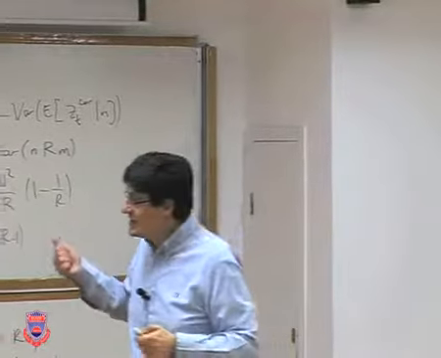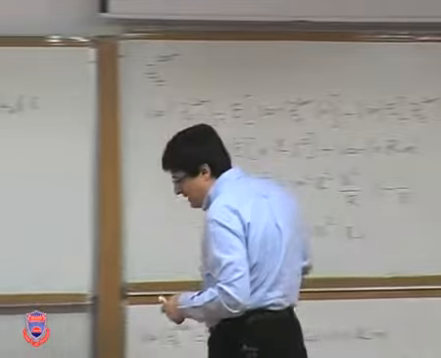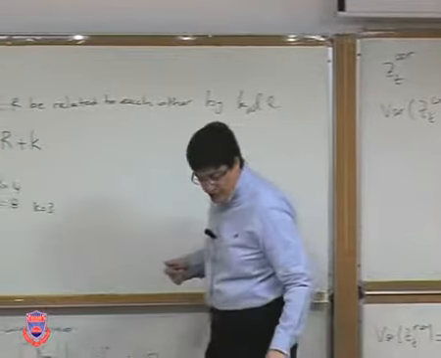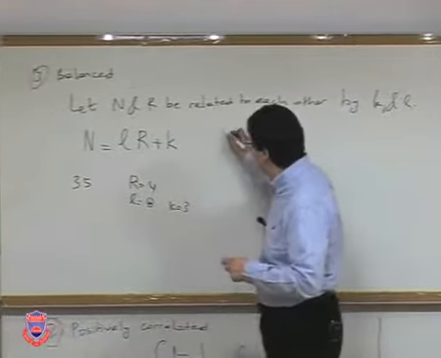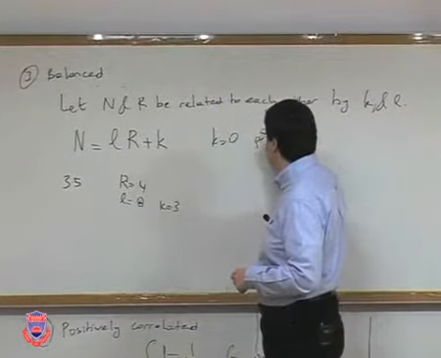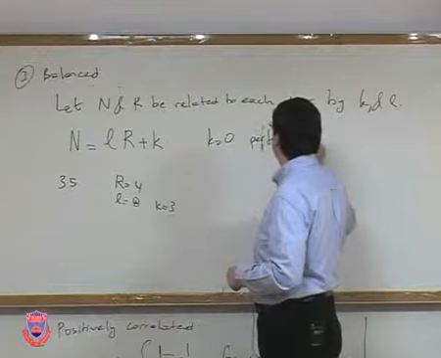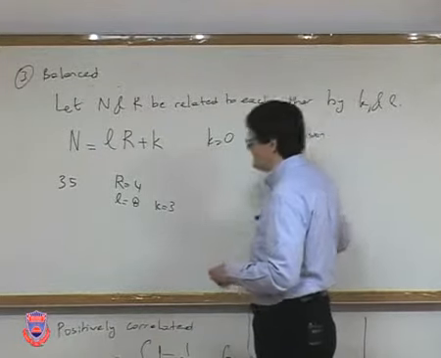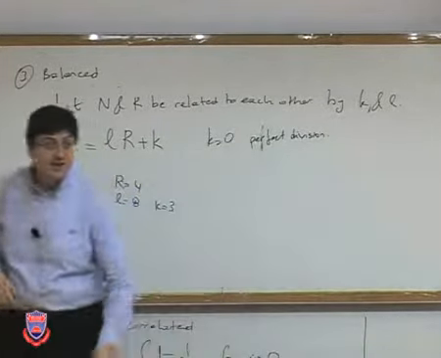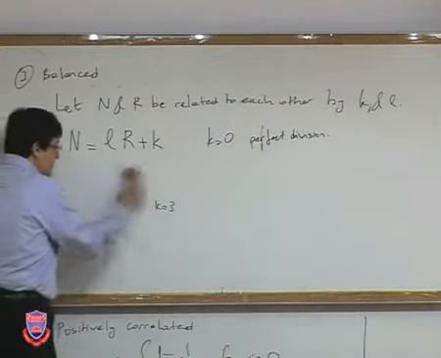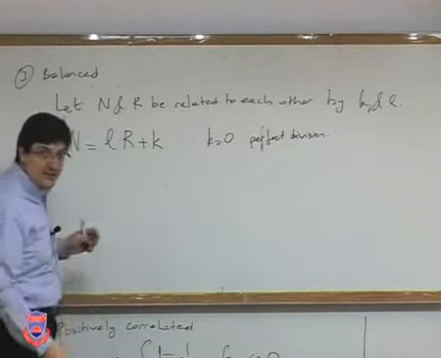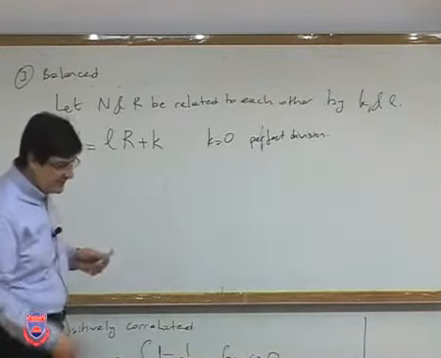This is actually what we mean by balanced. Of course, when K is equal to 0, it means that you have perfect division. It means that you can divide the total number of retailers into days equally. This is what we really want.